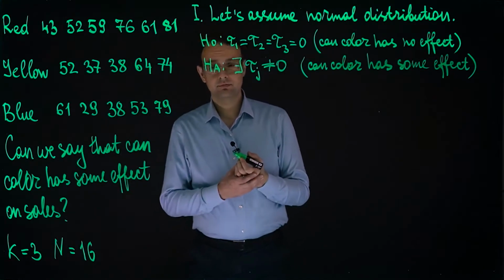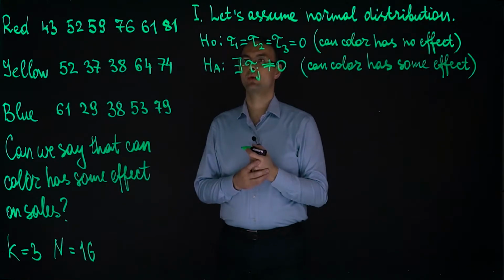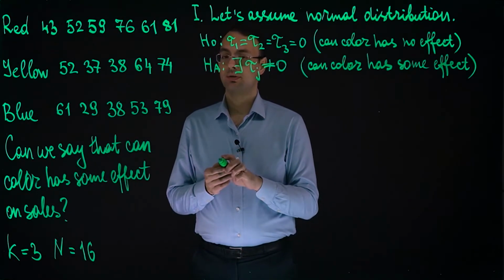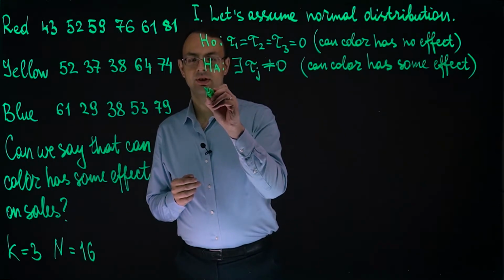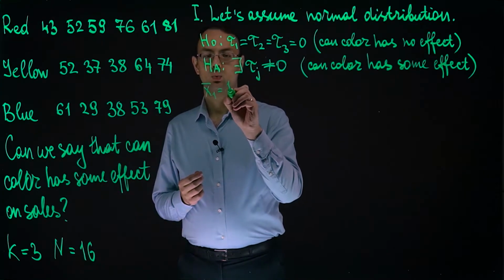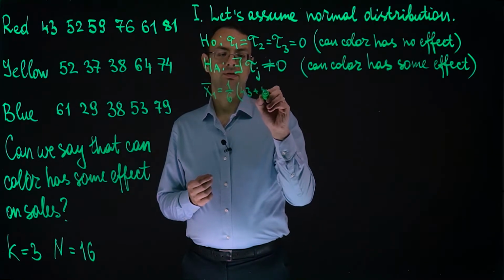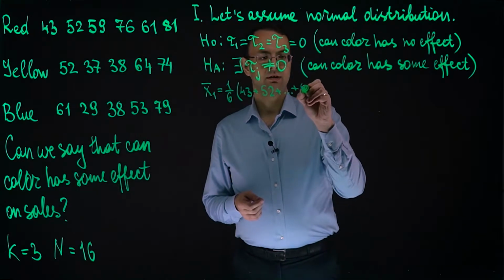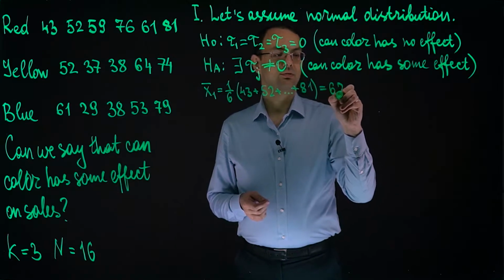So, if we use the Fisher's test, what are we to do? We are to find sample means for each of our samples and the global sample mean. So, for the first sample, x bar 1 is 1 over 6 times 43 plus 52, so on, up to 81, and this is 62.